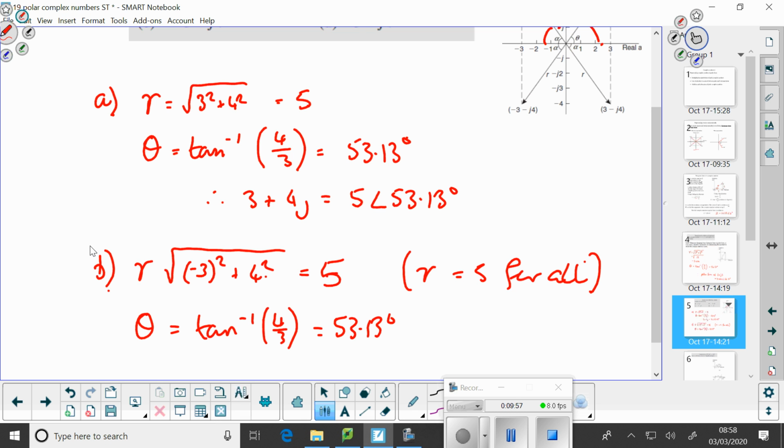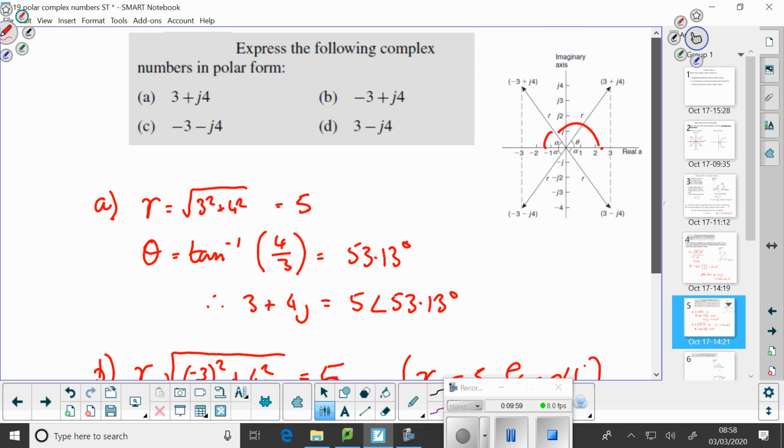On the second one, I'm not going to labour this point too much because in a minute I'm going to show you how your calculators will handle all this. Are you listening? On the second one, what you've found is this angle in here, which I've called alpha, 53.13 degrees again. But what we're interested in is this angle in here from 0.